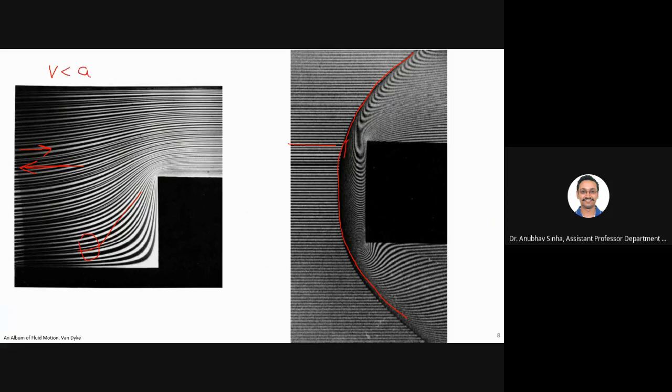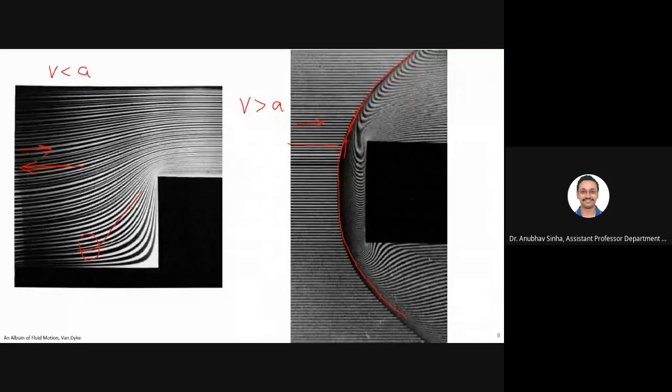Here, what happens? V is more than A. Understand? Because of that, the information is not able to travel backward. The fluid which is approaching has no information that the object is here. It comes here and then it suddenly hits the shock. So there is a step change.